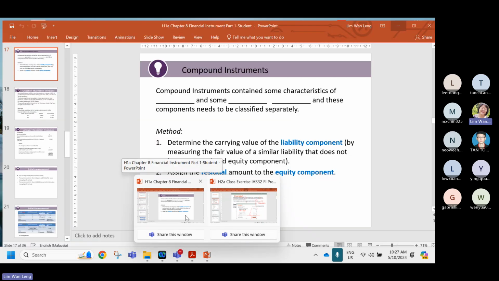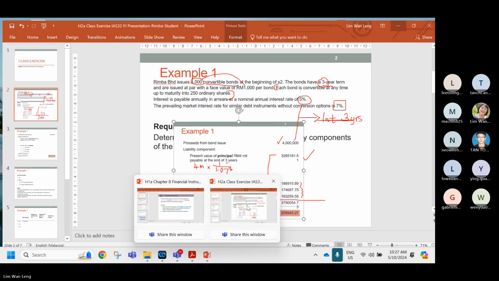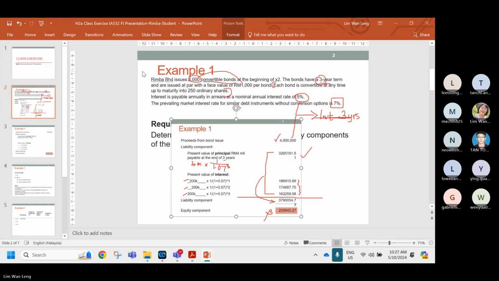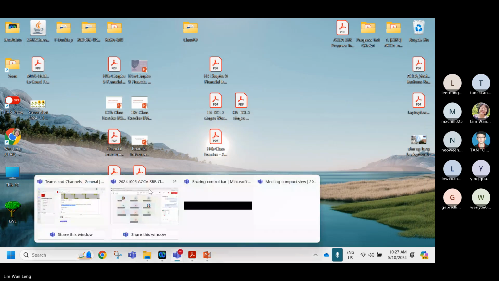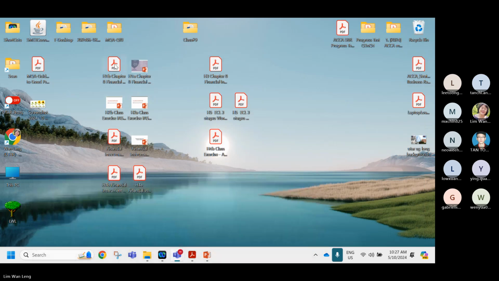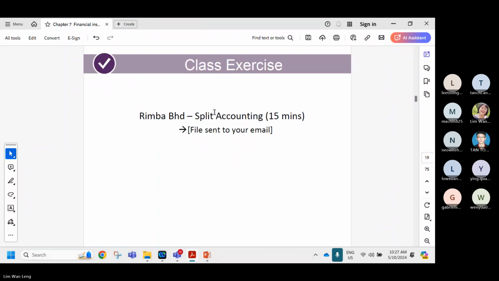Let us go back to the notes. So just now we were at Rimba. So Rimba, not to worry. Later I will just post up the full answers at the files section.